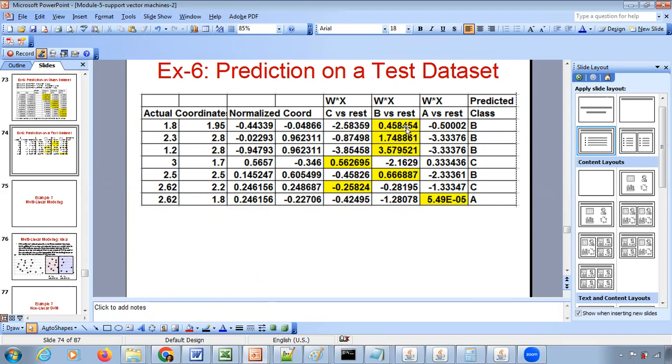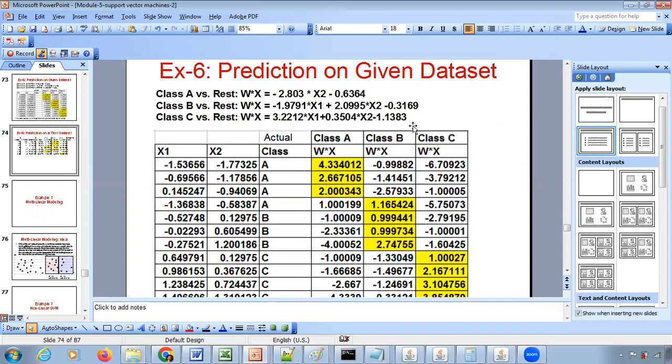Even if you don't get greater than 0 for all three WX values, you have to pick the largest among them. In this case, the largest is 0.4845, which is greater than 0 as well. So it definitely belongs to class B, as we see.